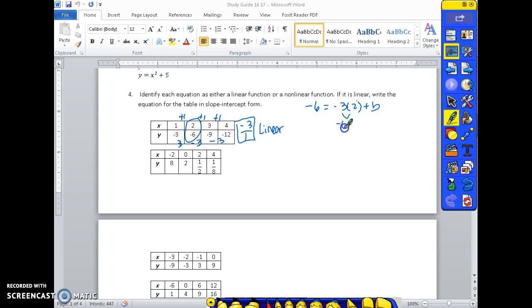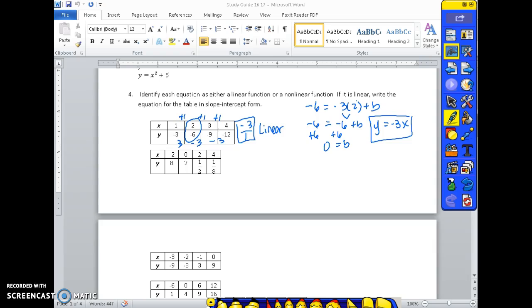Negative 3 times 2 is negative 6. Bring everything else down. Negative 6 plus 6 is 0. So y equals negative 3x plus 0. Adding 0 does not change it, so we are going to leave that as y equals negative 3x.